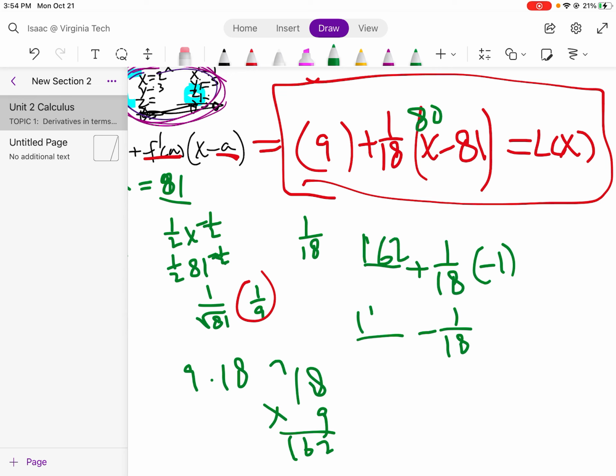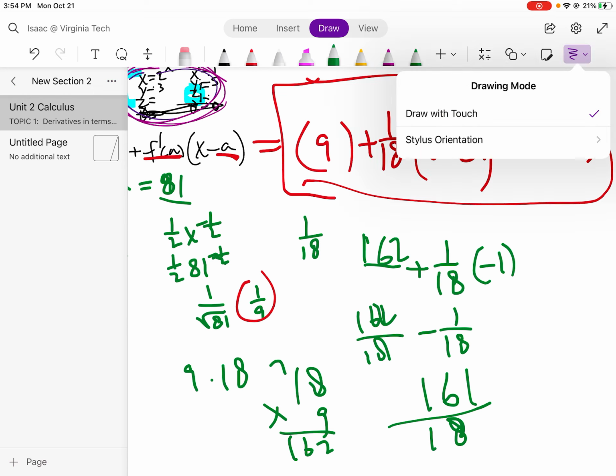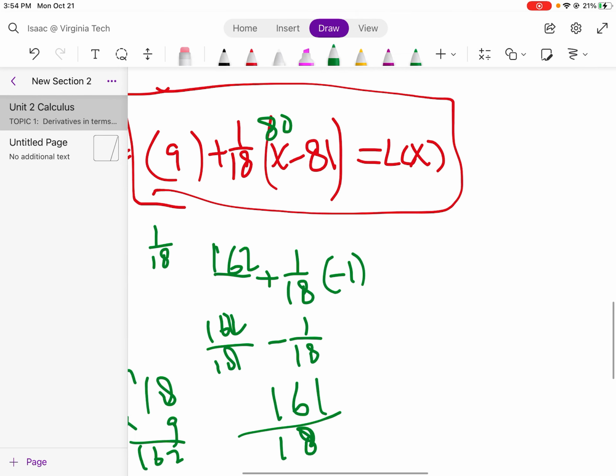So 162/18 minus 1/18, so our answer is 161/18. So yes, that's not in decimal form, and there is a way to do this with, oh sorry, something was about to follow me. You know, long division, not going to do that. So they wouldn't need a calculator. But I will just type in this to see how close we were. 161 divided by 18 is 8.94 repeating.